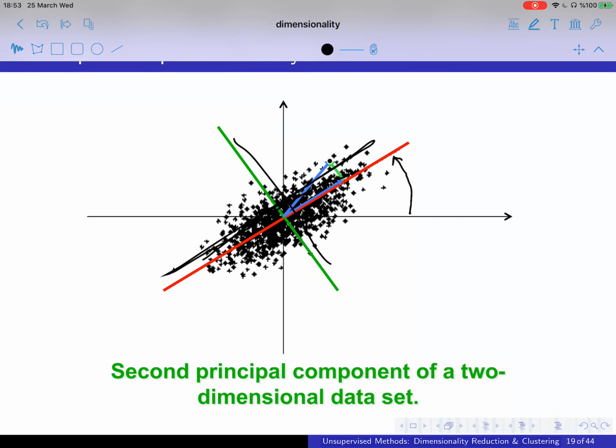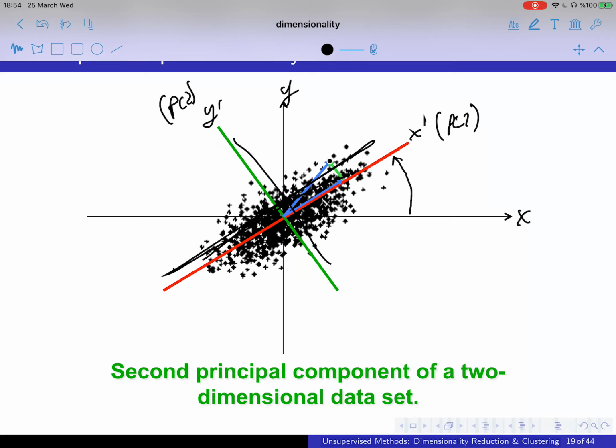And if you use just this one, now instead of the original x and y coordinates, you have x prime and y prime, with x prime being the first principal component and y prime being the second principal component. What you have is essentially a new two-dimensional space, but with better aligned axes.